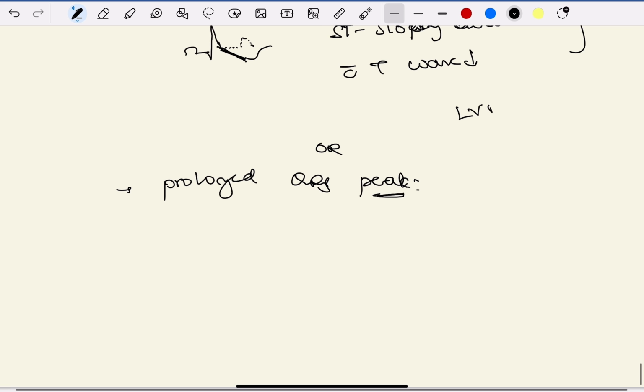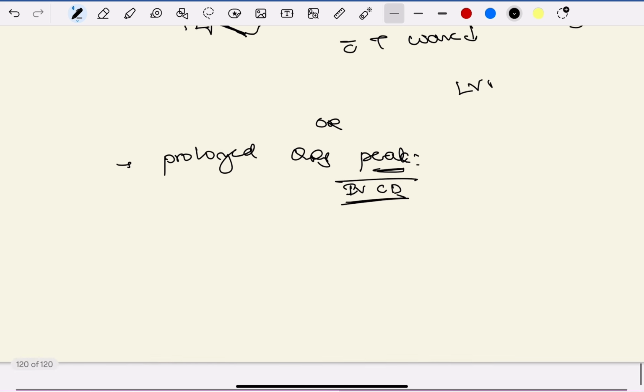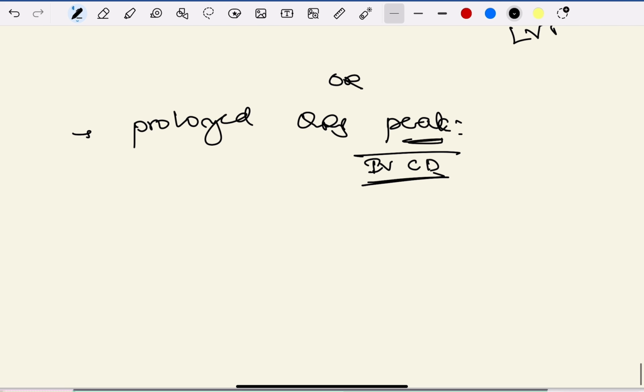It is because of intraventricular conduction delay, simply known as IVCD. Because of muscle mass, there is more conduction delay. So how does it look? Normally this is the time taken to reach the peak, this duration, but because of LV hypertrophy there is slight prolongation of the peak. Normally it's supposed to come here, but it has come late. This is because of intraventricular conduction delay, because of hypertrophy, more muscle mass.